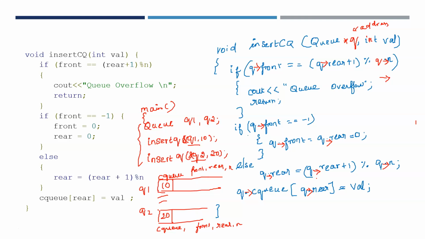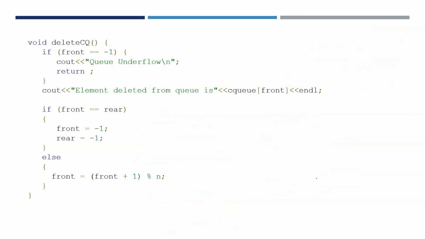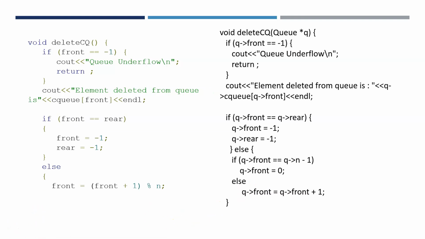Similar to this, we shall change the delete CQ also. For delete CQ, you can find two versions. One is the version that we have seen earlier, and this is the version with Q as a parameter and with the address operator, so passing by reference.